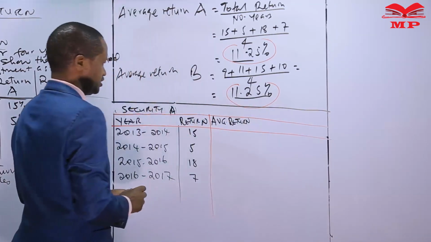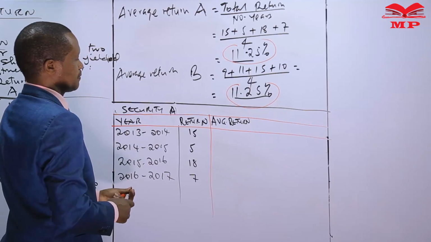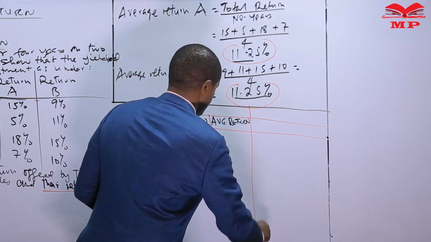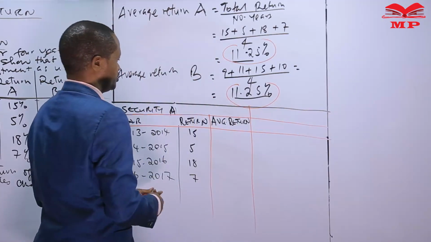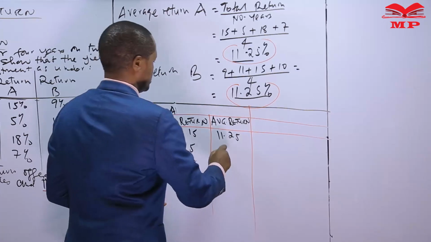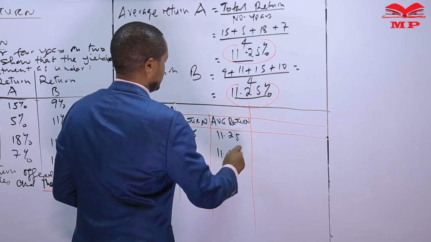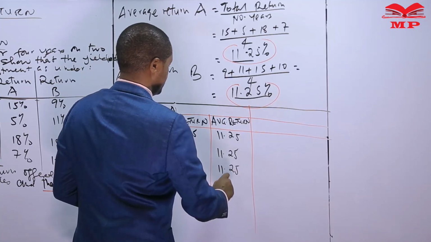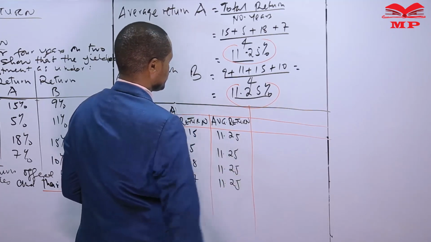The average return here is 11.25 for each year.